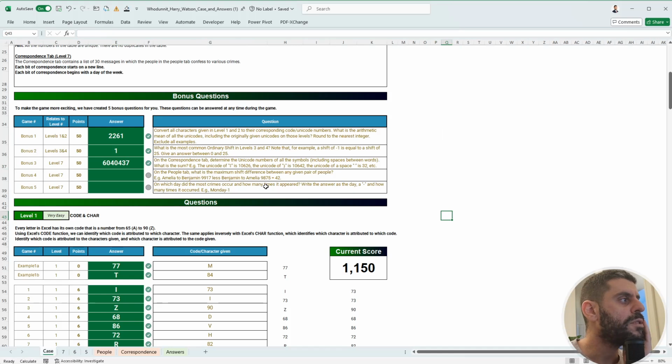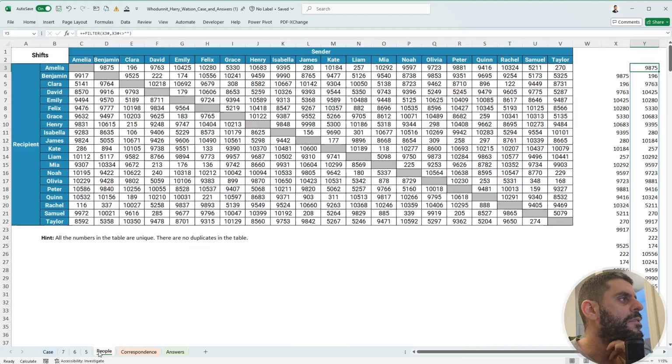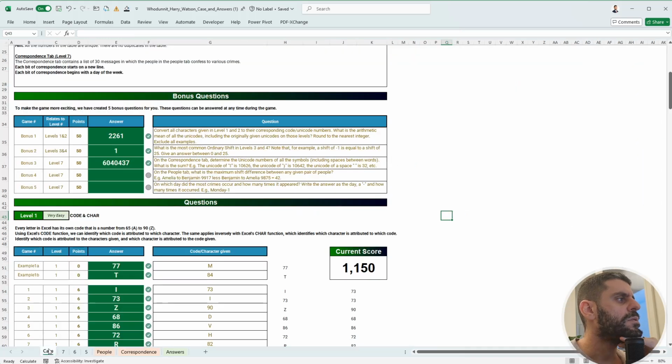Okay, on the people tab, what is the maximum shift between any given pair of people? Amelia to Benjamin. Okay. Benjamin to Amelia.